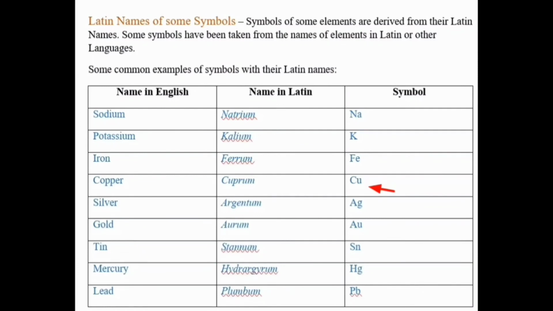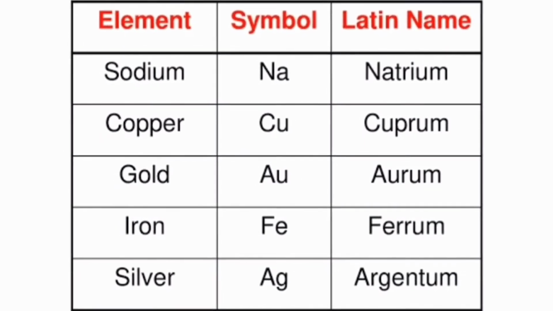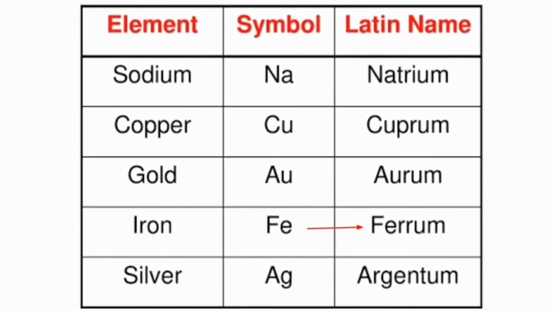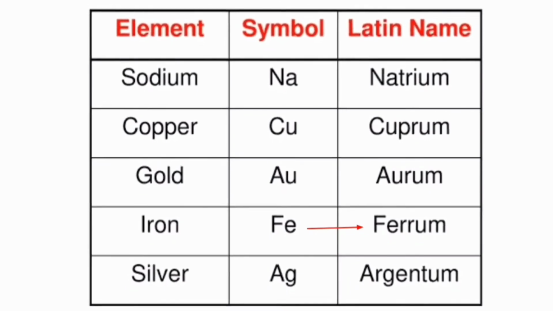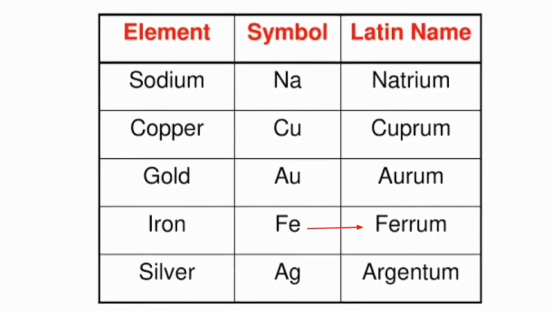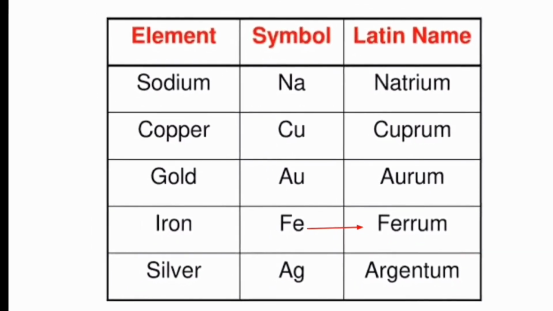We write copper, but the symbol is Cu, which comes from the Latin word cuprum, so the first two letters, capital C and small u, are used. For iron we write the symbol Fe, where neither F nor E is present in the word iron, but we get it from its Latin name.